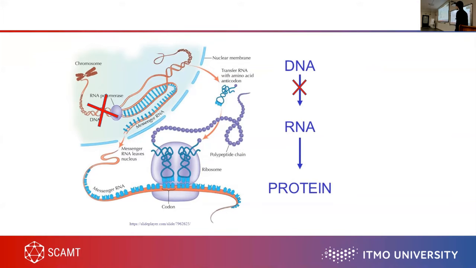The gene will be totally silenced. The second way, we can affect RNA. If we affect RNA, there will be interruption of only protein production.